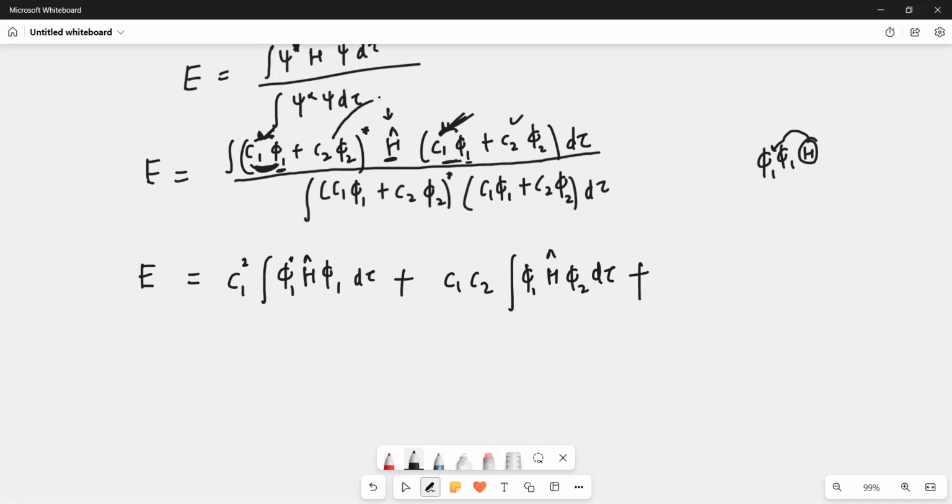Similarly, multiply this with this: C2 C1, C2 C1, integration phi 2 star. Here also you can put star. Phi 2 star, then we have h cap in between, and phi 1 d tau.